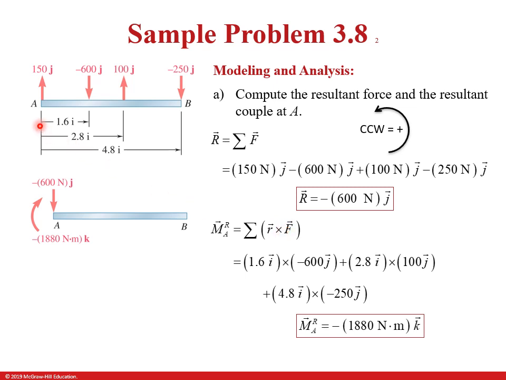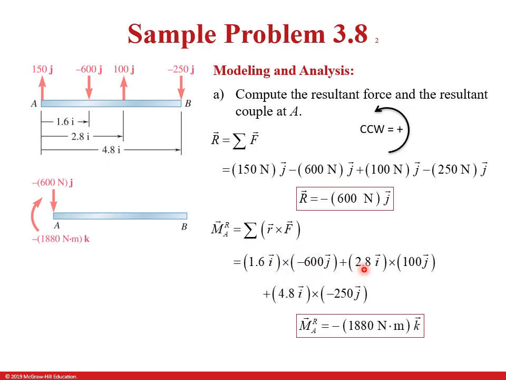So what does that mean? We've got a position vector 1.6i, I'm assuming meters. Yeah, 1.6 meters, cross product with the minus 600j. So these two, you cross product them.